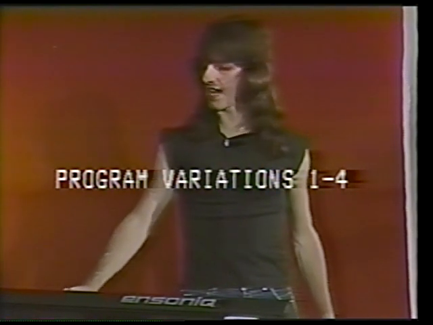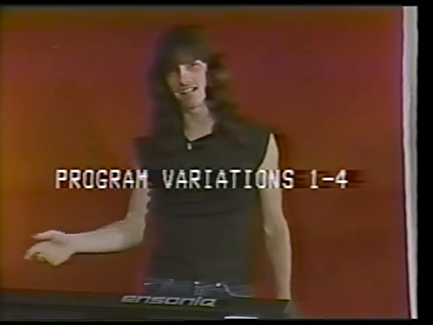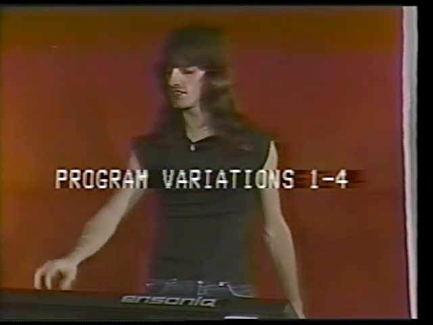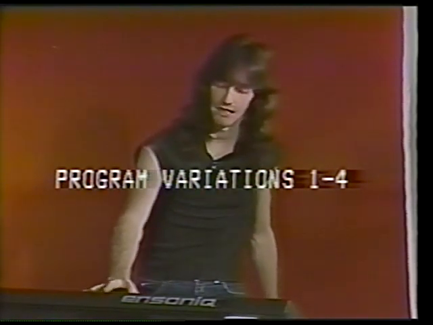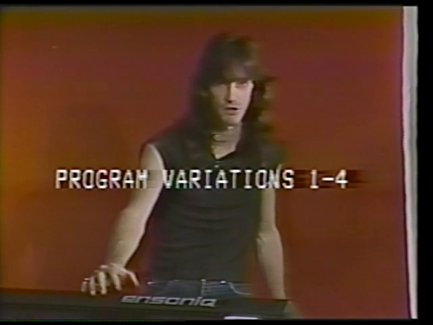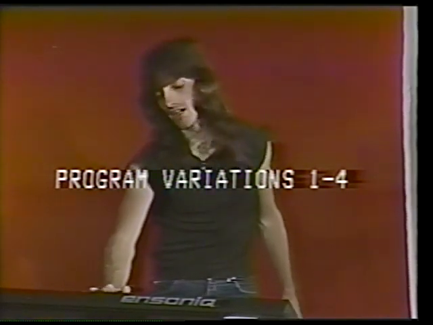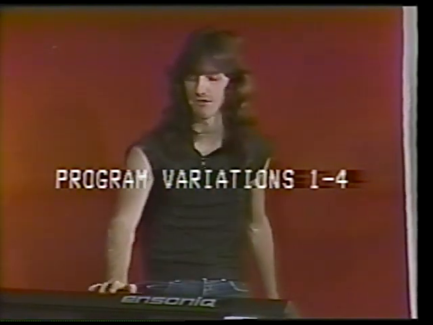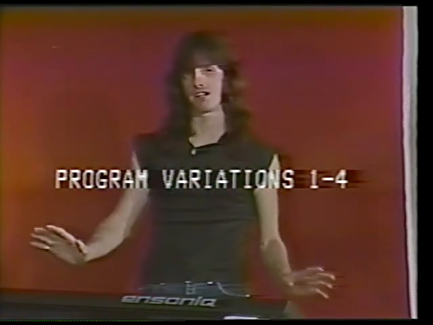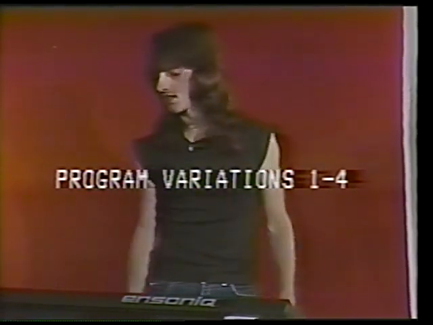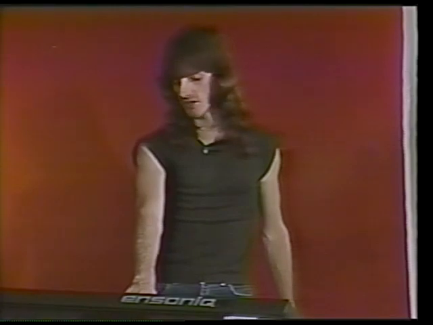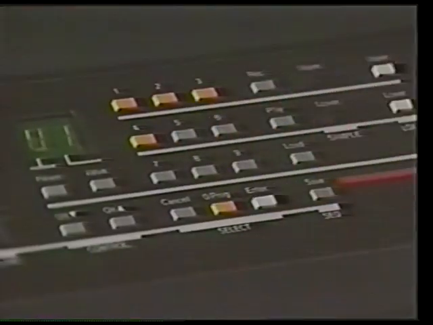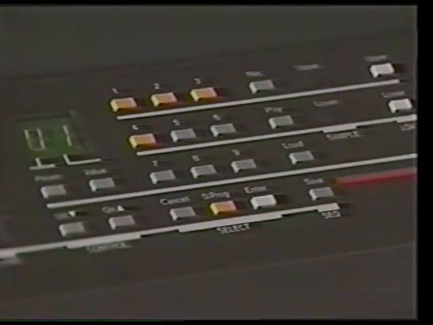We could change the attack, the peak, the decay, the sustain, and the release on the filters and on the amplitude, and save that in upper two and lower two, and lower three, upper three. We could start changing them so we have different parameters, different sounds for all your different segments, up to 4 different program variations for all your sounds. We could also get different samples in those different programs, and I'm going to show you how to do that in the next segment.